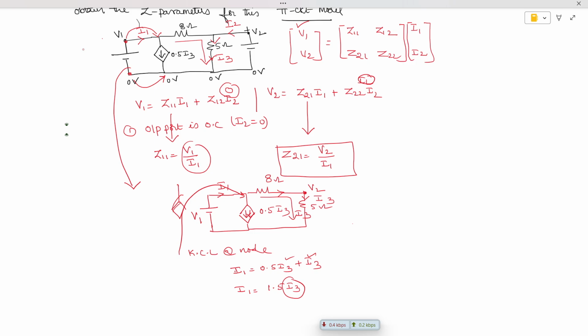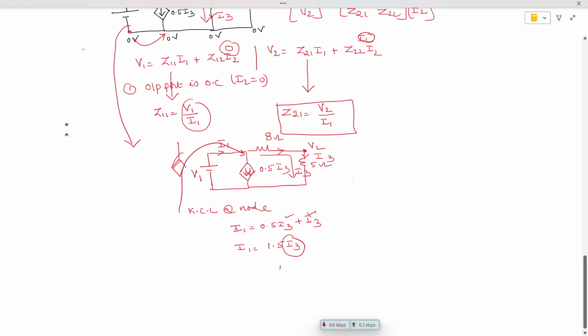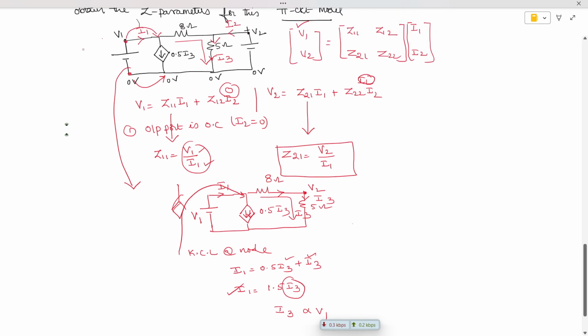But I want to express I3 in terms of V1. Why? Because V1 and I1 are already there, so we require I3 in terms of V1. Check the problem to see where we can express I3 in terms of V1. I3 is flowing in this branch, so the voltage at this node is V1.